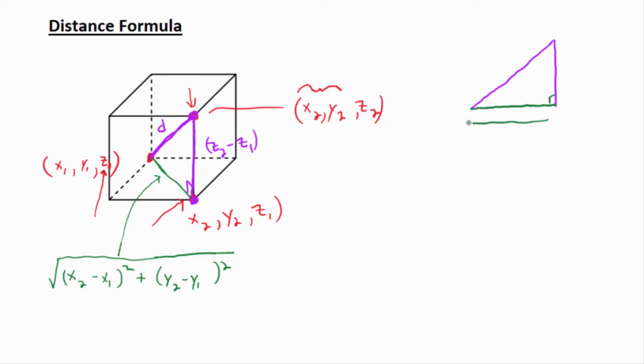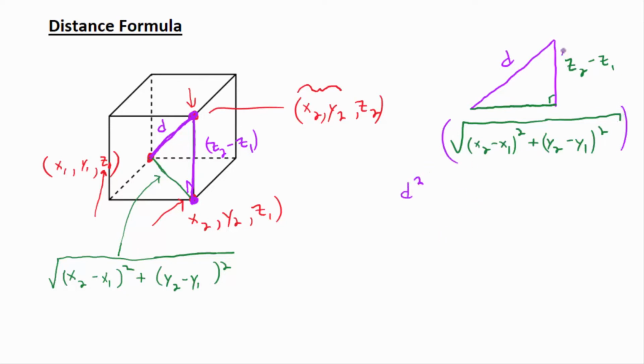Where we know this side in green has this distance, the square root of x2 minus x1 quantity squared, plus y2 minus y1 quantity squared. And then this side, you already told me, is just the difference between the height values, z2 minus z1. And then the thing we're calling d, couldn't we just use the good old Pythagorean theorem to get d squared? So d squared would equal this guy squared plus this guy squared.